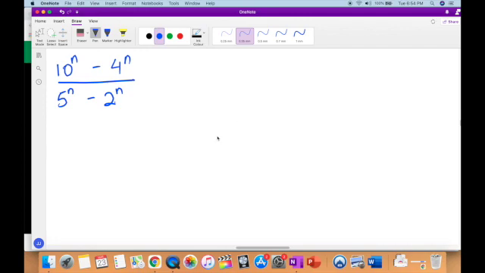Remember, when we're working with indices, Shazay, the base number 2 to the 3 times 2 to the 4. So this base number has to be the same in order for us to play with the indices.